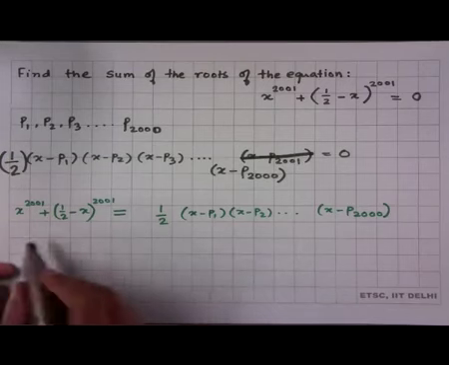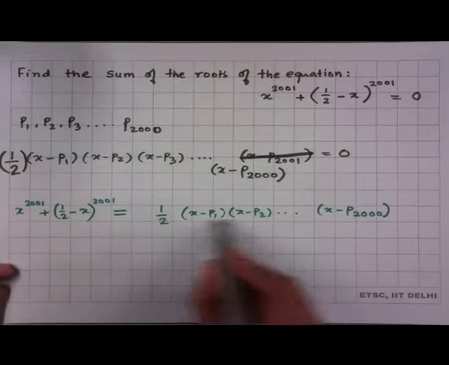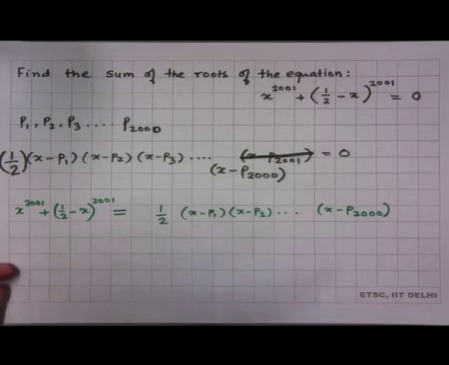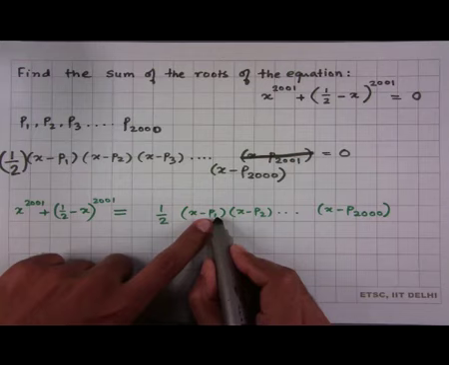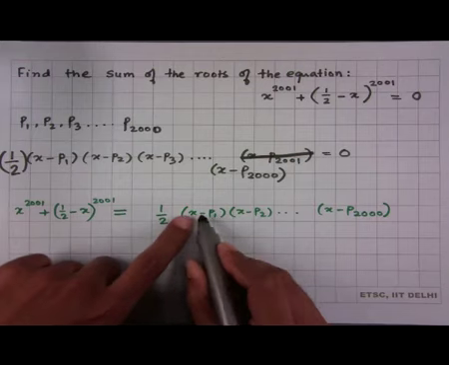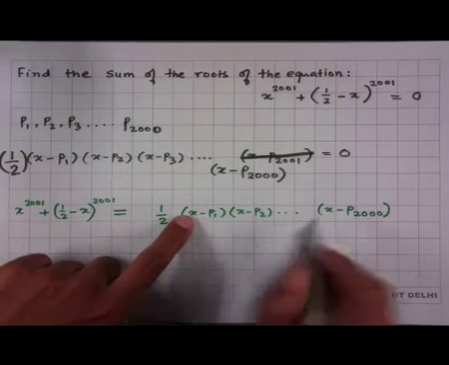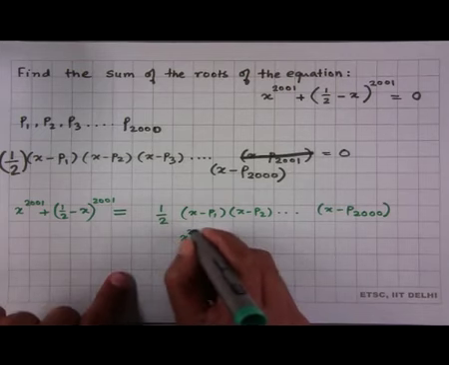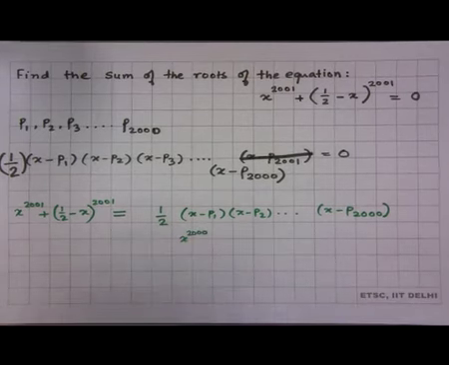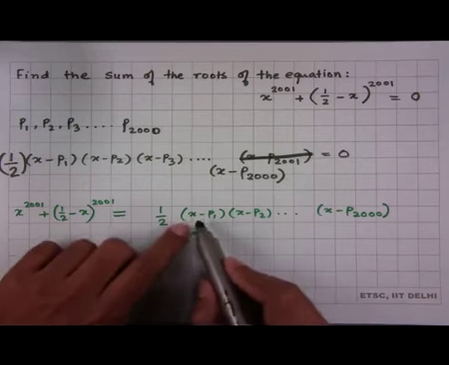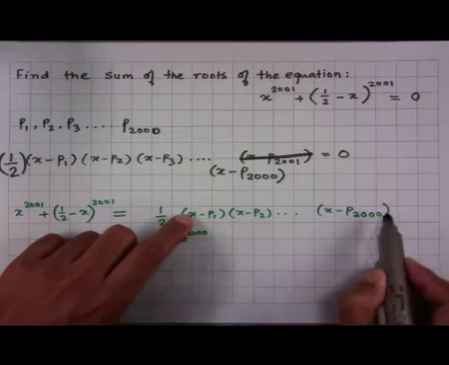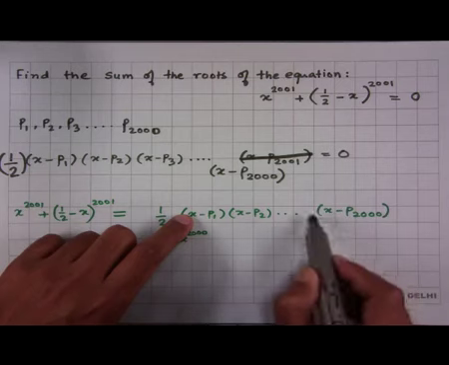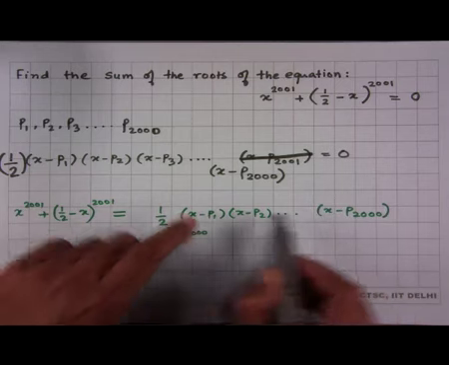What do we do over here? One thing you can do is expand this out. First of all you have x to the power 2000, that is by construction, and then you have x to the power 1999 times p2000 plus p1999 and so on, all of them.